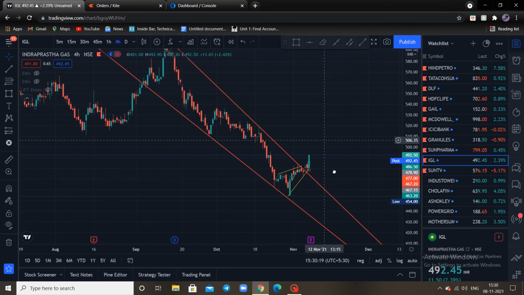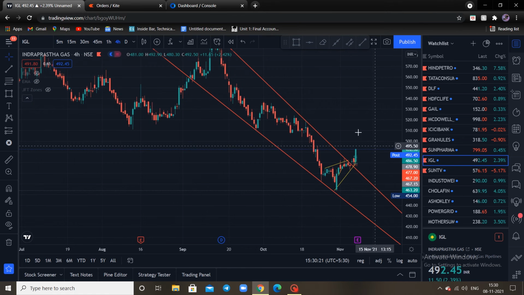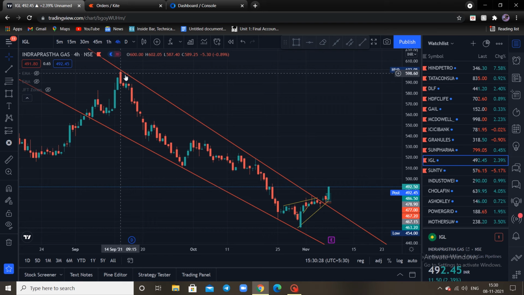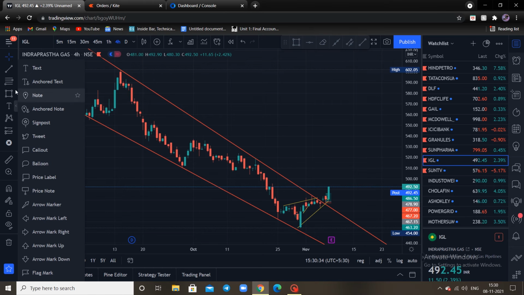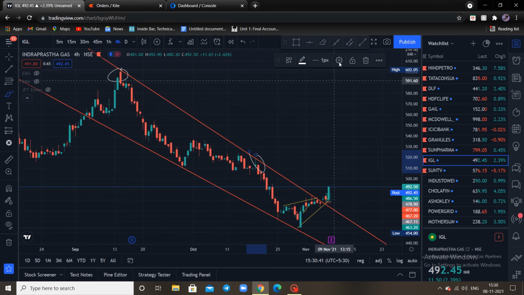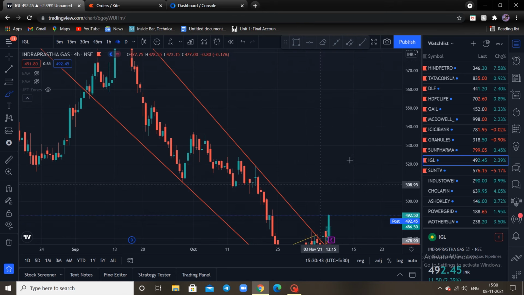Currently my strategy is based on price action. As you can see, it's the 4-hour time frame of IGL. There's a resistance line, and it is testing this trend line multiple times in the 4-hour. So I have waited, and I also take the trade.